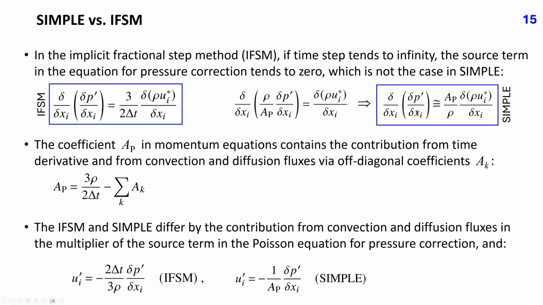The IFSM and SIMPLE differ by the contribution from convection and diffusion fluxes in the multiplier of the source term in the Poisson equation for pressure correction and in multipliers of the gradient of pressure correction in expressions for velocity correction. Otherwise, both algorithms operate following the same basic idea of prediction followed by a correction.